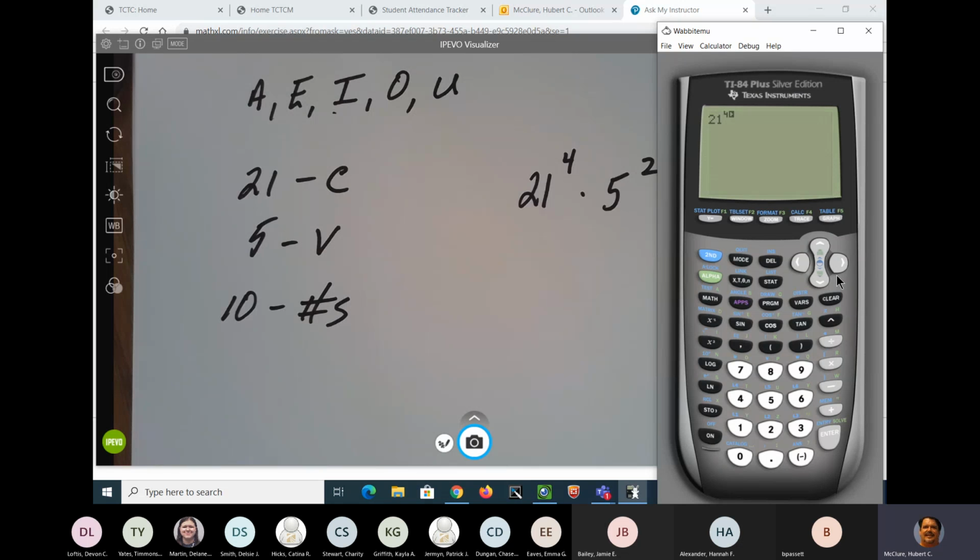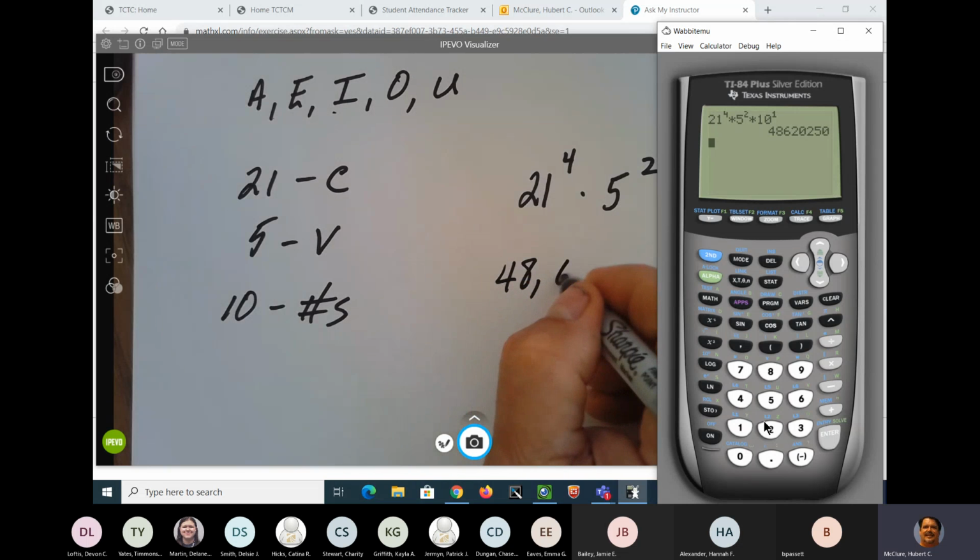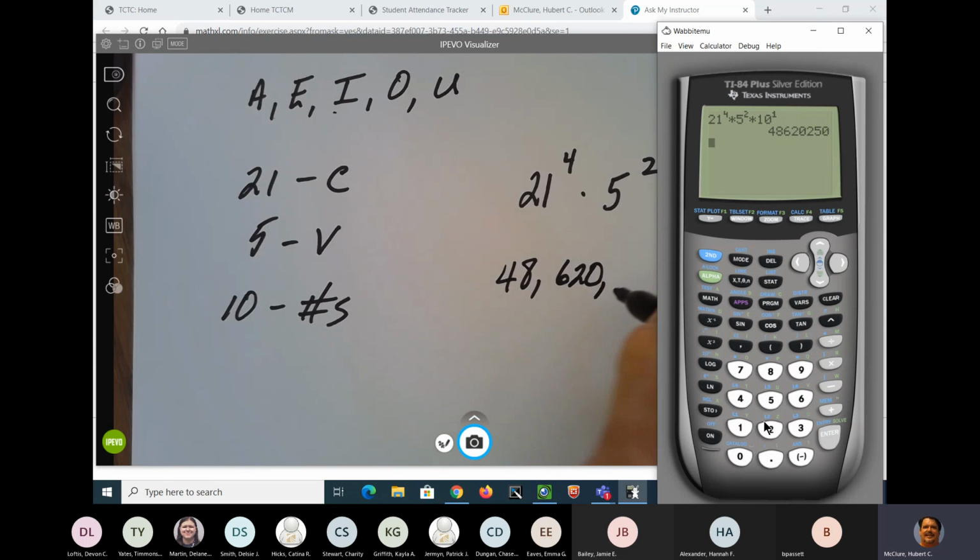If it wants to delete after, you just have to type it again. And I get 48,620,250.